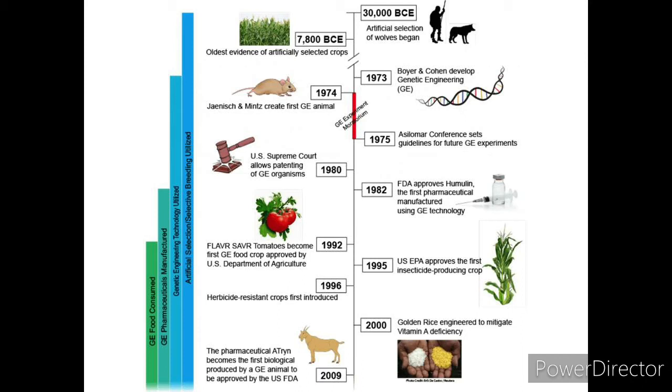Later, during 1973, first genetically modified animal was created, and subsequently the Food and Drug Administration authorities sanctioned genetic engineering to produce both pharmaceutical as well as agricultural crops for the human society needs.